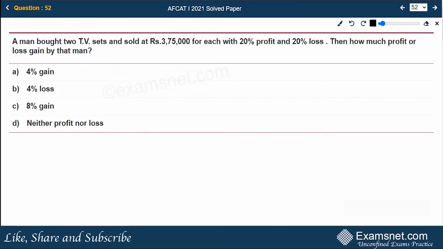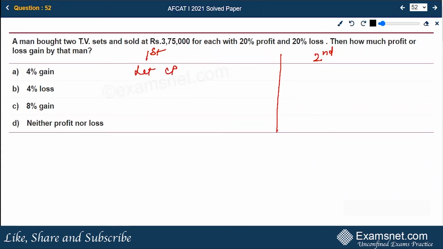Question number 52. A man bought 2 TV sets and sold them for 3,75,000 each. In the first one, he made a profit of 20%, and in the second transaction, he made a loss of 20%. How much total net profit or loss was made by that man? So let's first of all write down what we have. This is for the first TV and this one is for the second TV.